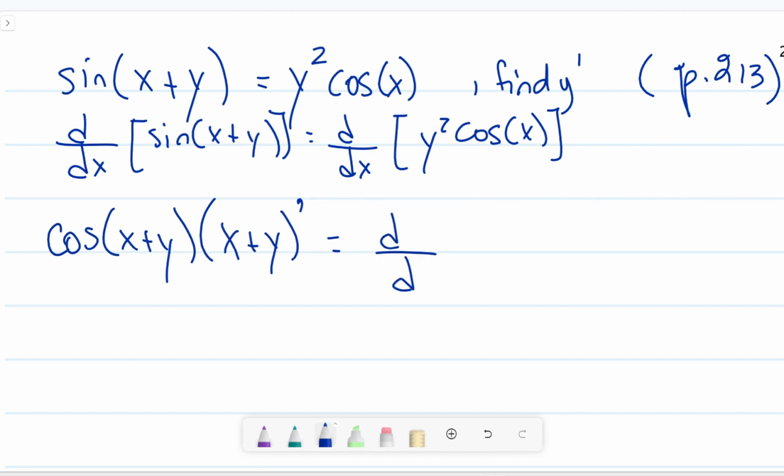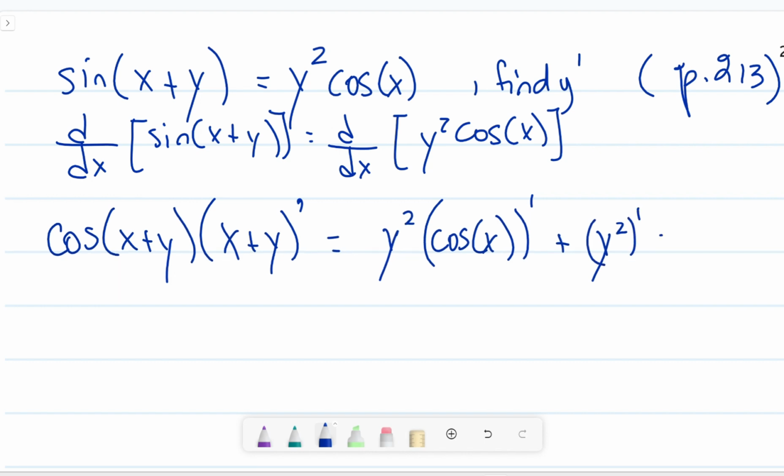Now let's move to the right side. The derivative of y squared cos of x. These are two terms that are multiplied, so I use the product rule. I keep the first term the same, multiply it by the derivative of the second term, and then add this to the derivative of the first term times the second term.